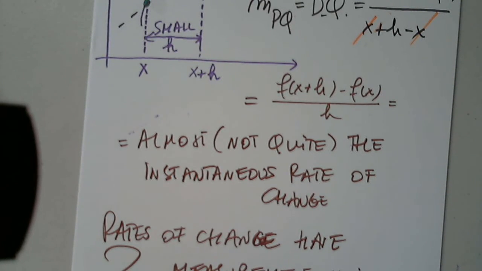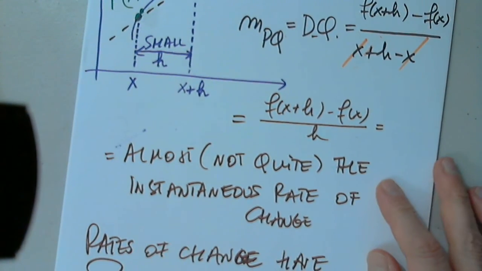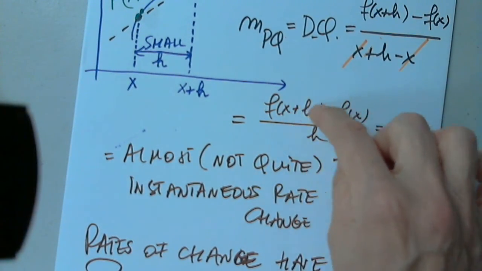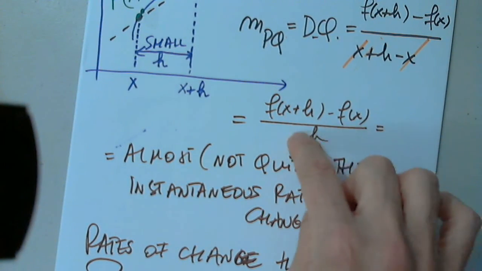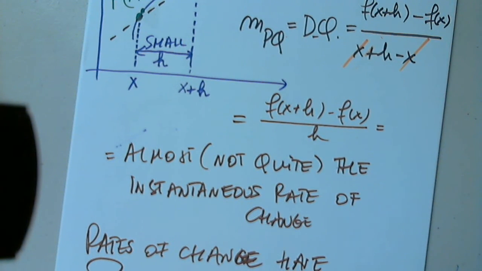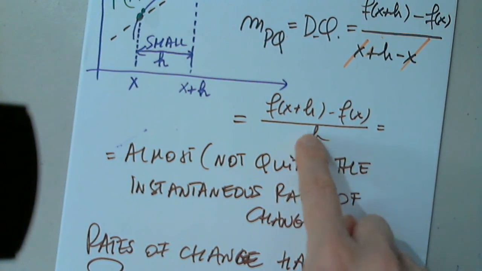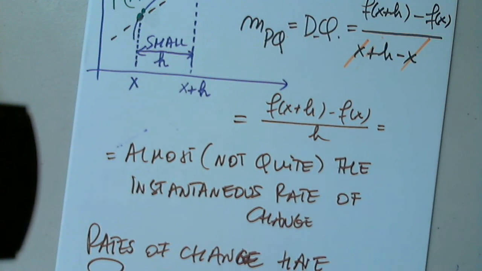So if you ask me, what is your rate of change? I'm not going to say 60 miles. I'm going to say 60 miles per hour. So please keep that in mind. All rates of change have 2 measurement units. One coming from the function, the y variable, and one coming from the x variable.